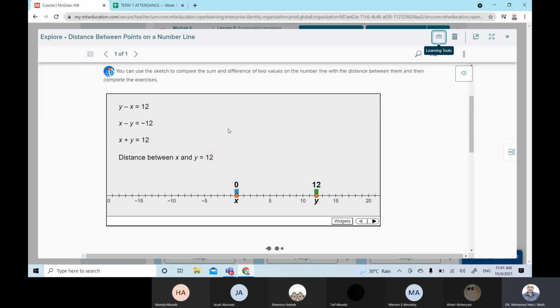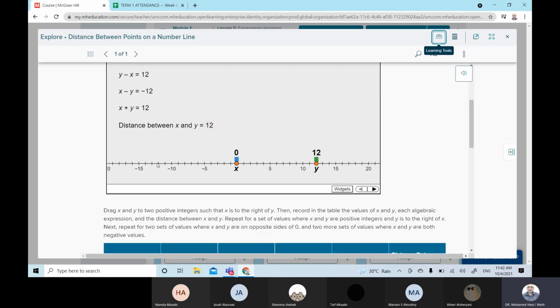Now, my question: when you have y minus x equal 12, if I switch the places, x minus y, you will get the opposite number, minus 12. And x plus y means will be what? Will be 12. Means the distance between x and y equals 12.